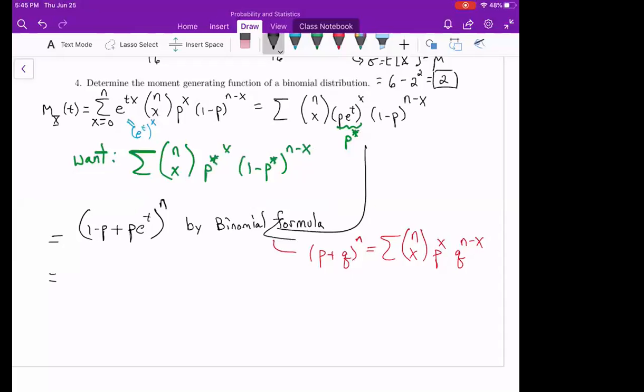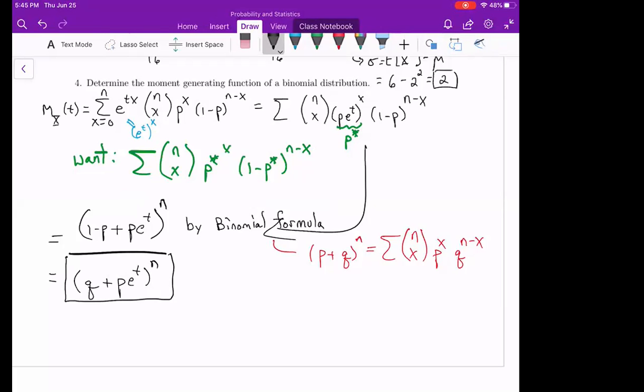And so if you find a table, eventually I'll give one with common MGFs. Right now we're kind of discovering them on our own. More often than not, you'll see this written as q plus p e to the t to the nth power. Remember that q is 1 minus p. So that's a more common way that it's written.